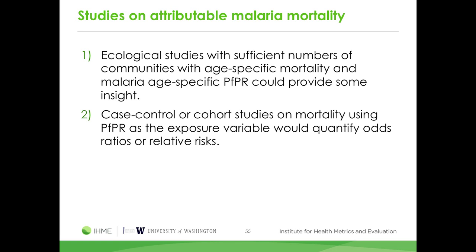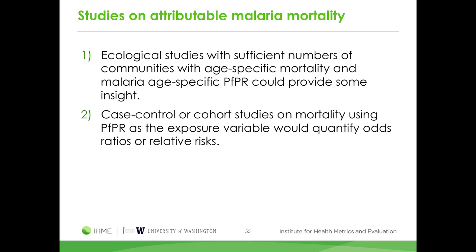Well, I think there's two strategies. There are the sort of ecological studies that I know some groups have been investigating. What's the relationship in cross-sectional or time series cross-sectional models between, let's say, PFPR and some mortality outcome, and you try statistically to control for lots of other determinants? One strategy. I think there will always be doubt about that.